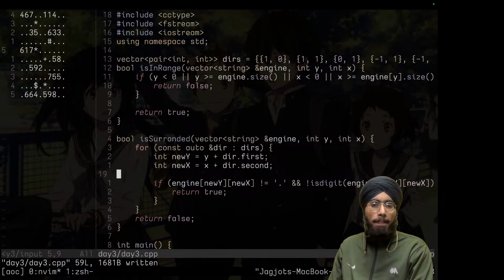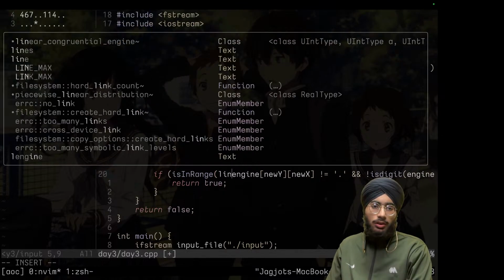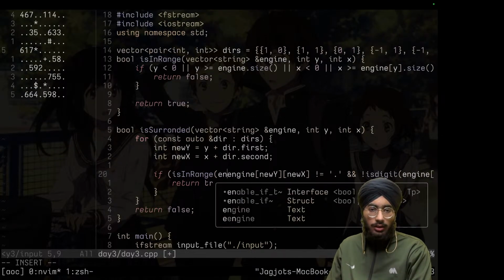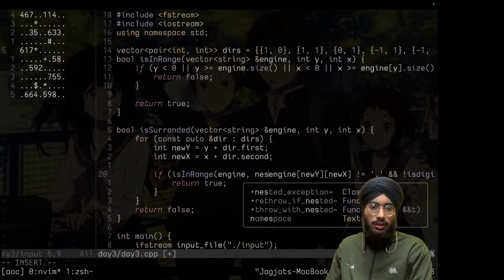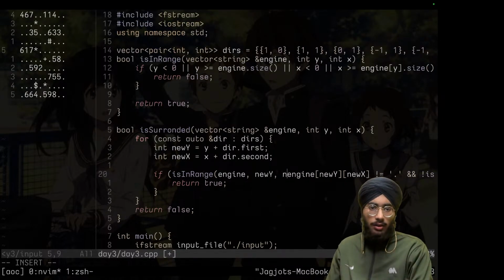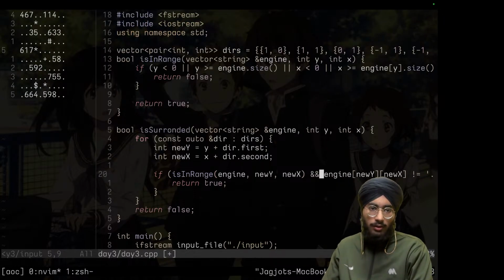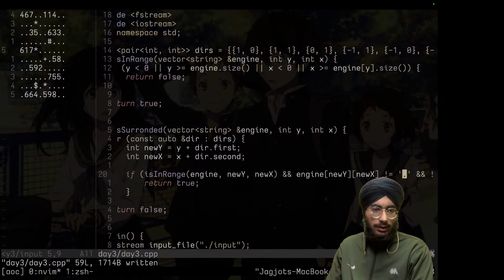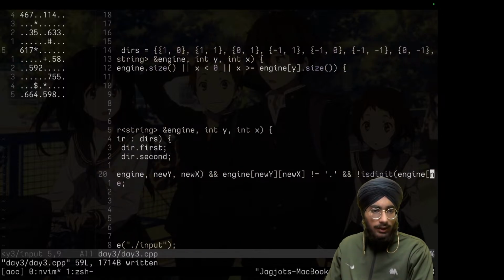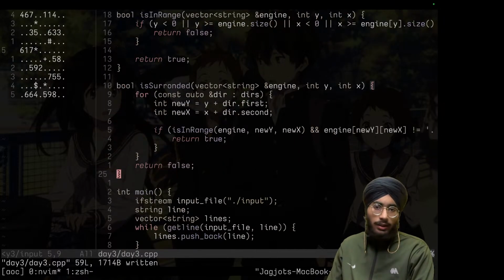And is in range, new y and new x, and new y and new x is not equal to this period and is not a digit, then return true, else return false.